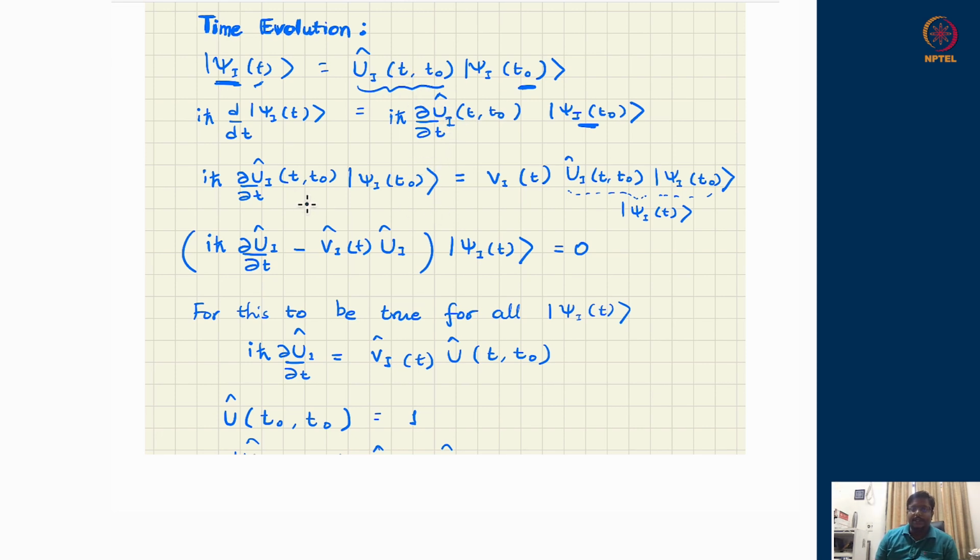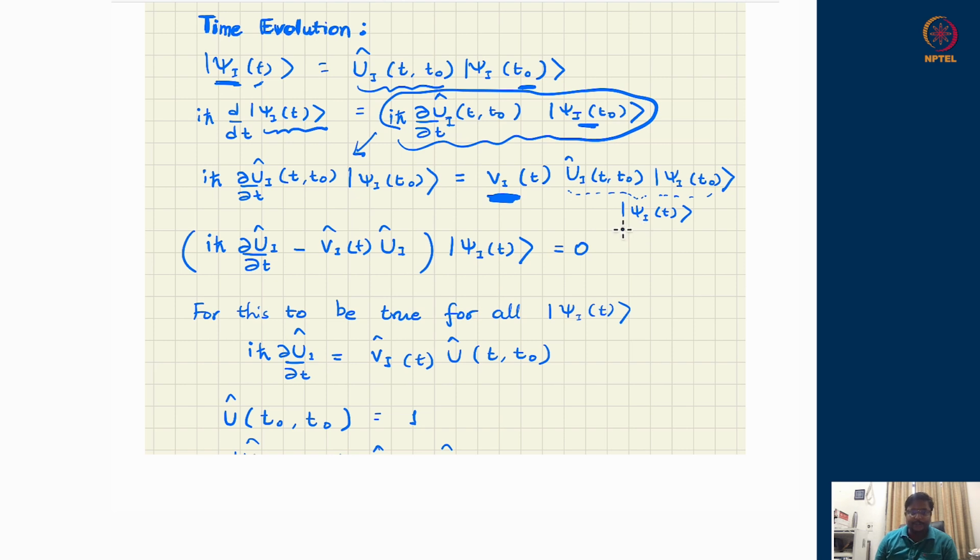So I get the structure that the time evolved version psi_I(t) is just this much. Its time derivative is this much, which I put on the left hand side, and the right hand side is just the interaction Hamiltonian, as I know, V_I, acting on psi_I(t). So this is the derivative of psi_I(t), and this is just psi_I(t).